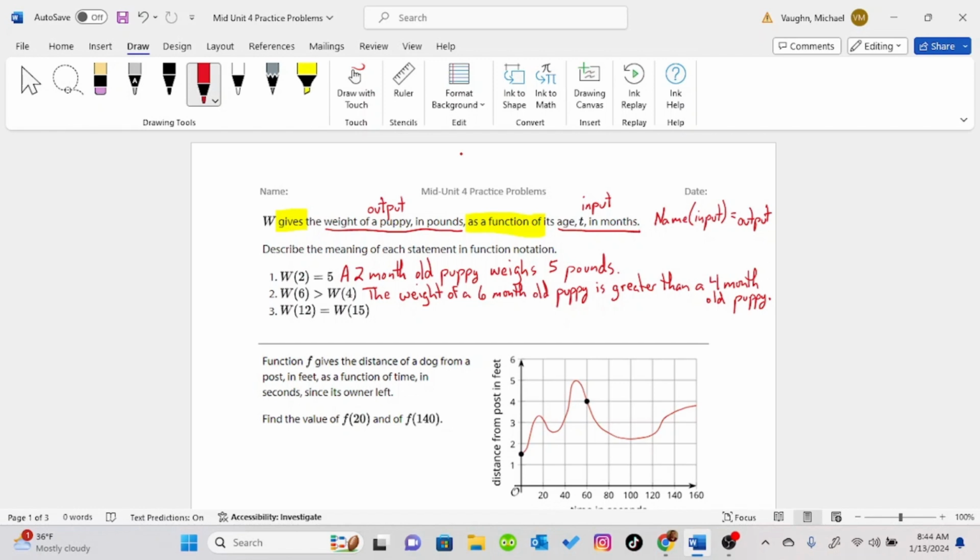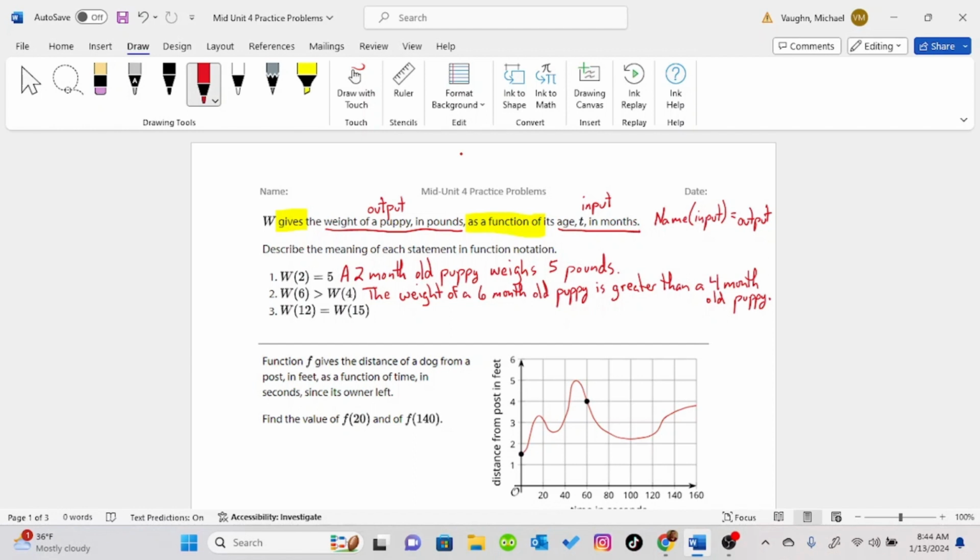And finally, number 3, again, it's not telling us how many pounds the puppies weigh, but we do know that the function talks about the weight of the puppy in pounds. We know that the number inside parentheses is our input, which we said was the age in months of the puppy.